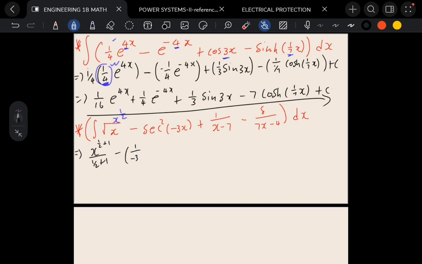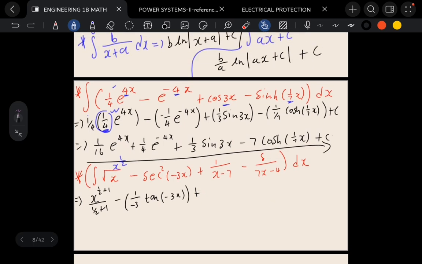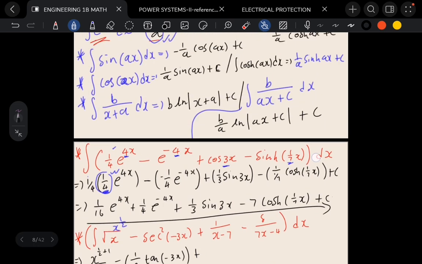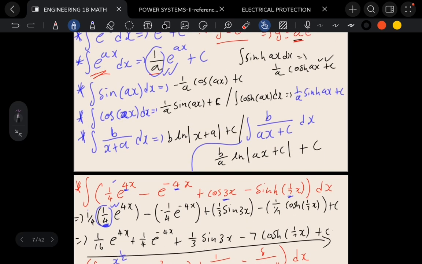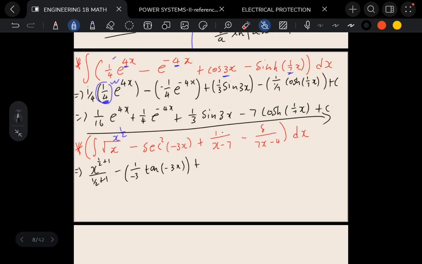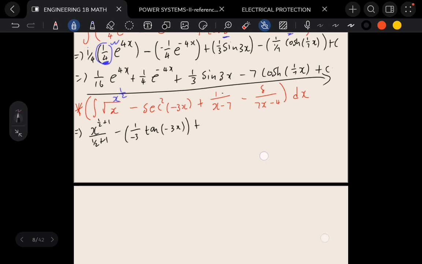What is an integral of sec squared? It's going to be the tangent of negative 3x, like that. Plus, what is an integral of 1 over x minus 7? This is the formula that we use. Since our b here is a 1, it's going to be ln x minus 7, right?